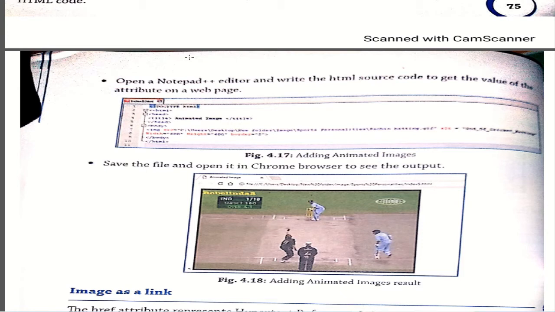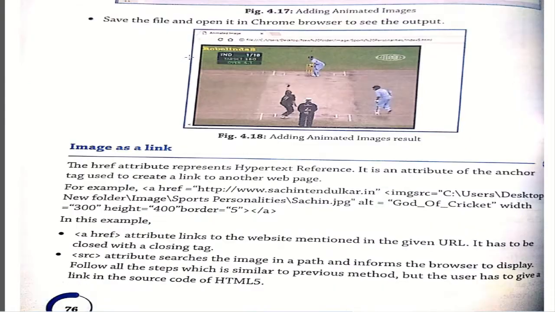Under that the location is available, and you have to copy that location. After that give the backslash, and then write the name of that particular image, video, or GIF, anything, and then dot the extension name. If it is animated type, then GIF. If it is image type, then JPG, and if it is video, then MP4. So this is what you can have.